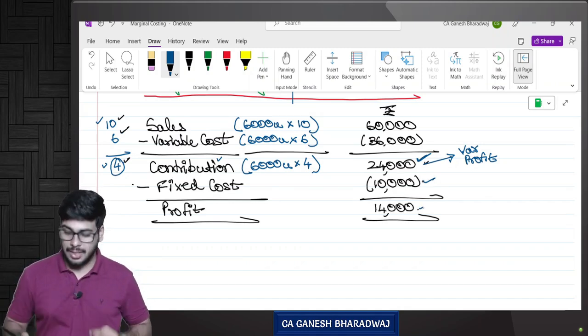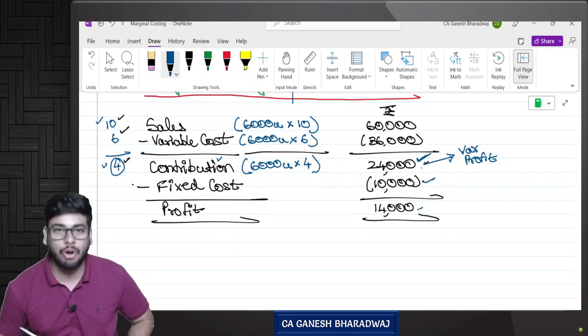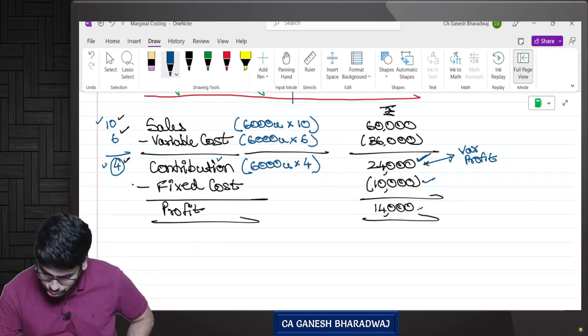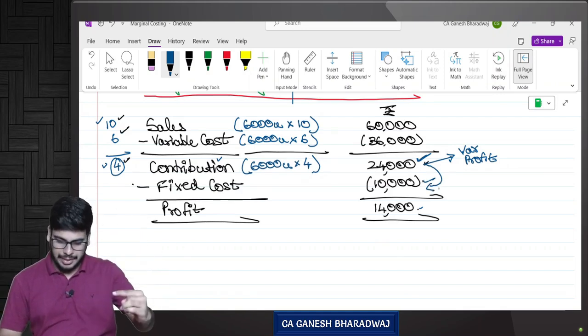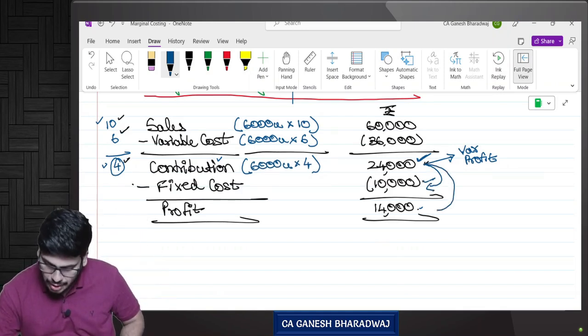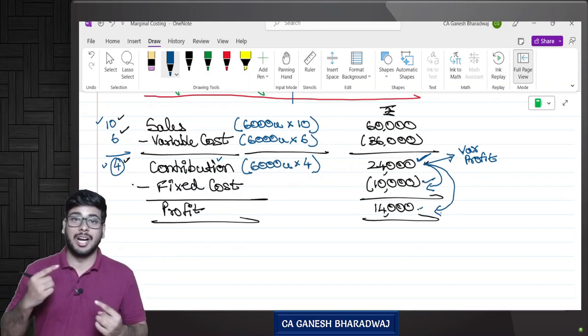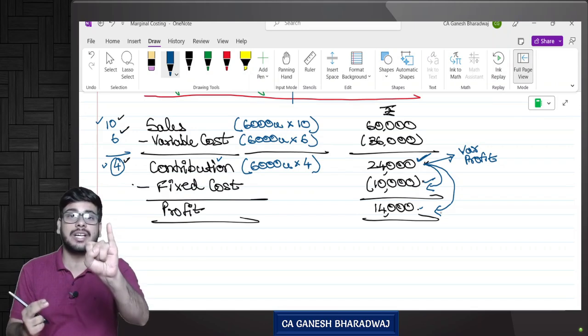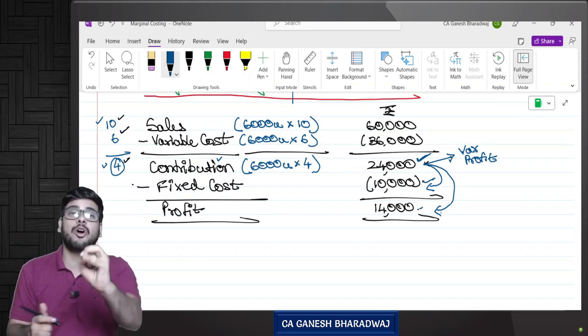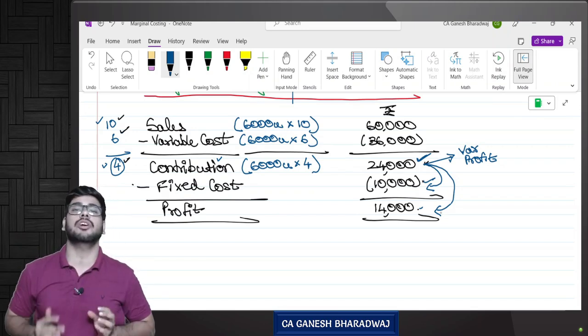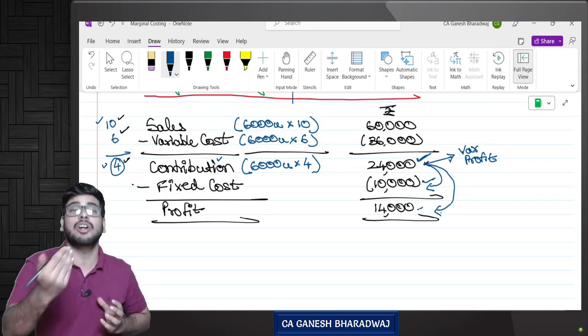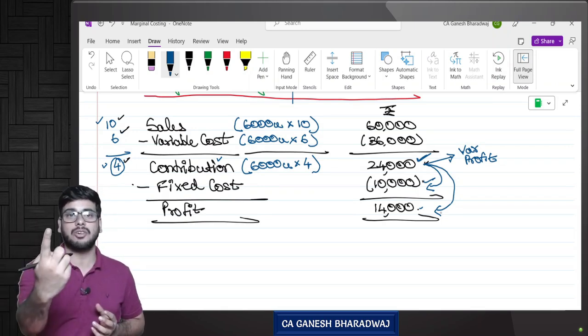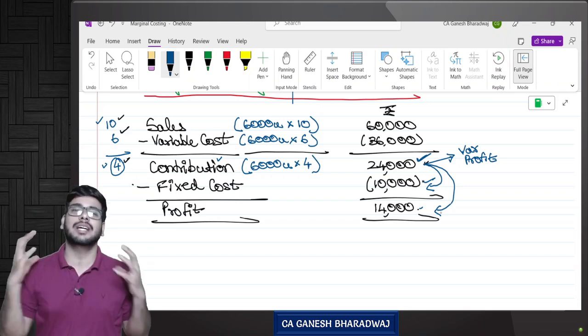Or in other words, this variable profit of 24,000 rupees goes on to contribute first towards recovery of fixed cost, then towards earning our profit. Or in other words, this variable profit contributes towards recovery of fixed cost and profit, and hence the word contribution. Since the variable profit contributes towards recovery of fixed cost and profit, it is called contribution.